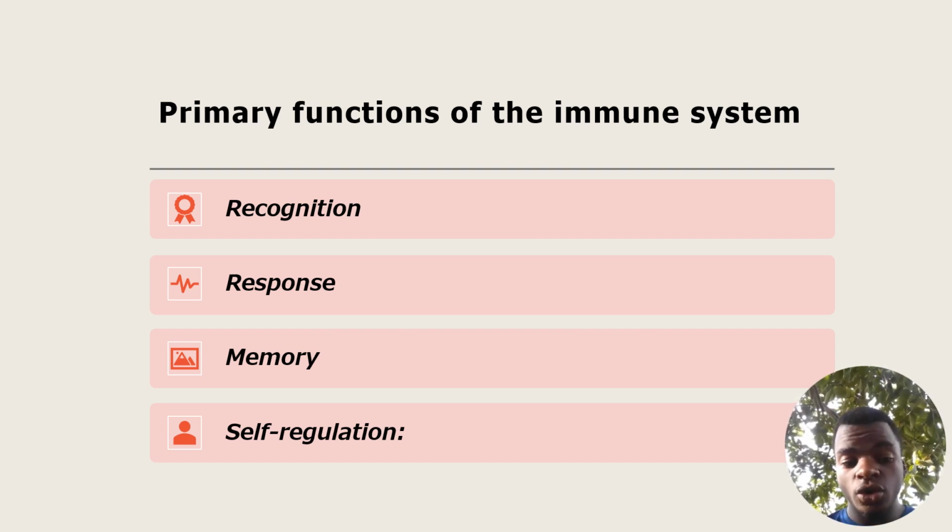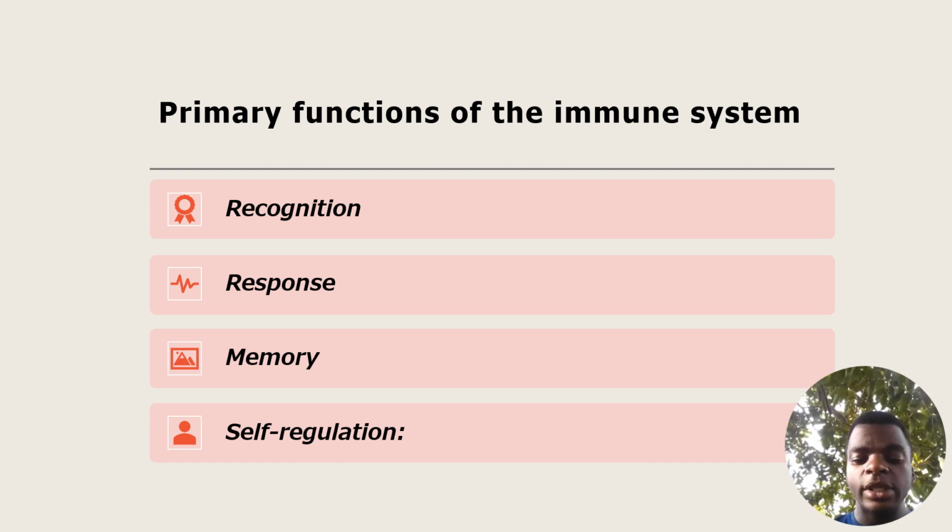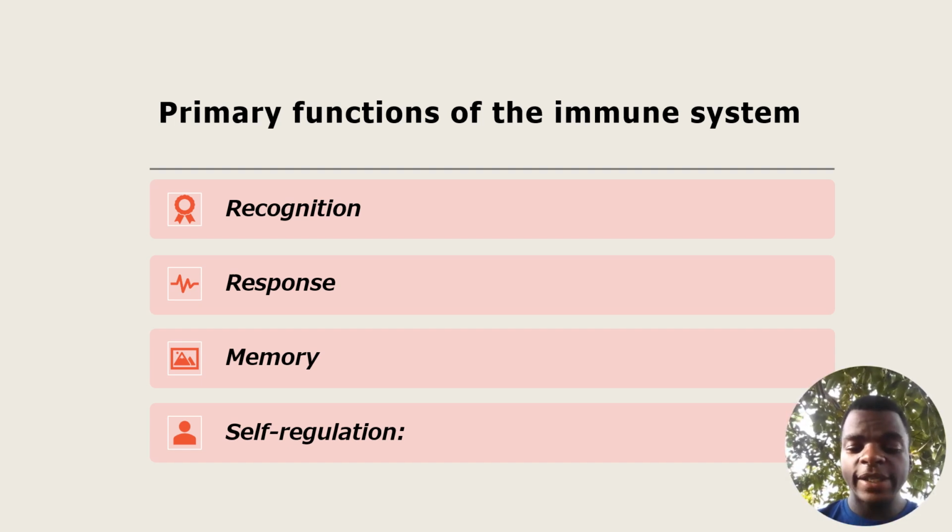After recognition, it does another thing which is response. The immune system responds to pathogens by releasing chemicals or by destroying them by phagocytosis.